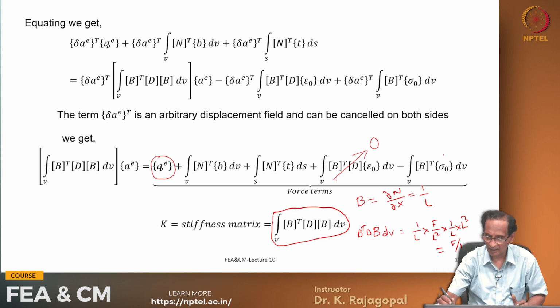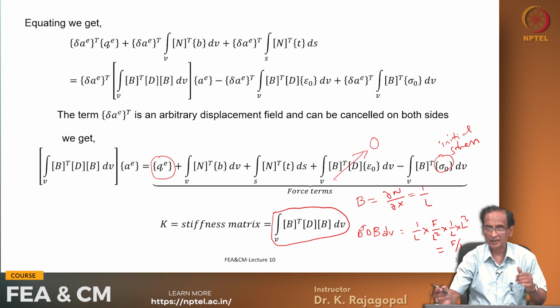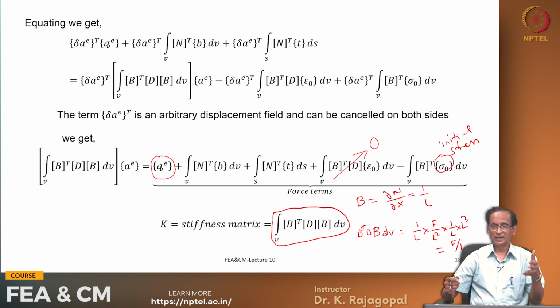And this sigma naught is very important. It is the initial stress, and this could be because of our pre-existing stresses, and we can measure this quantity.